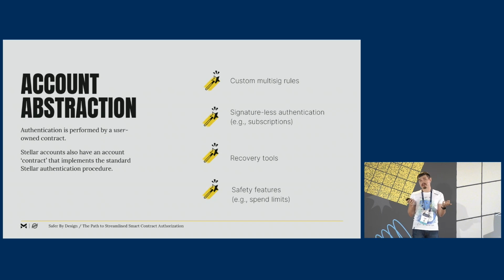And you also can implement some safety features, such as spend limits. For example, you can make an account where the user will be able to set some spend limit on a certain token, for example, 100 USD per month, and there won't be a way to spend more than that amount, no matter what is happening to this contract.